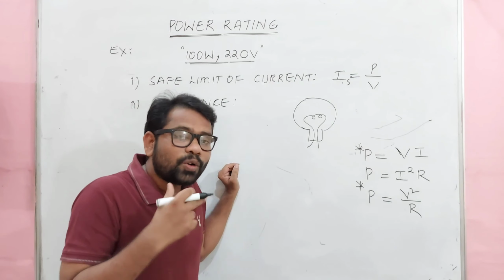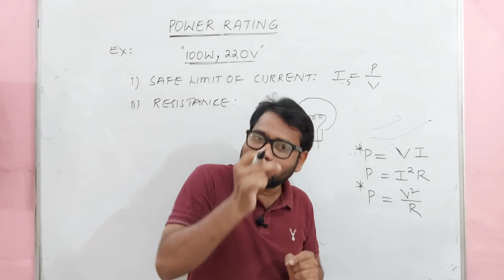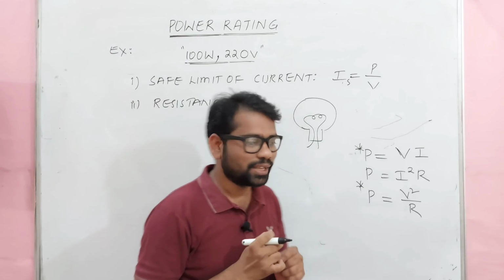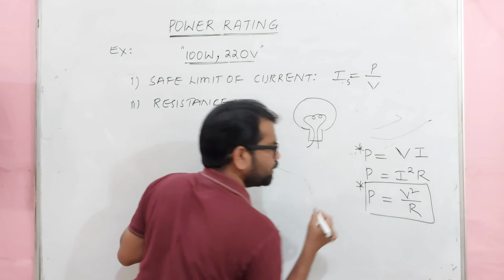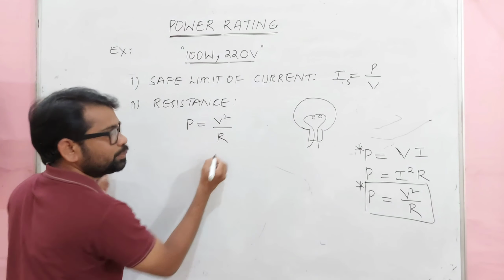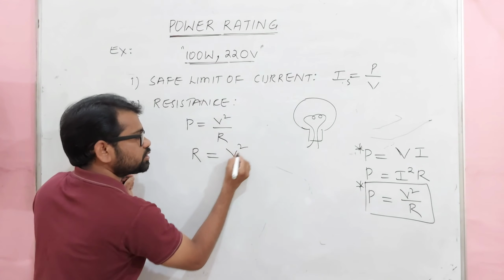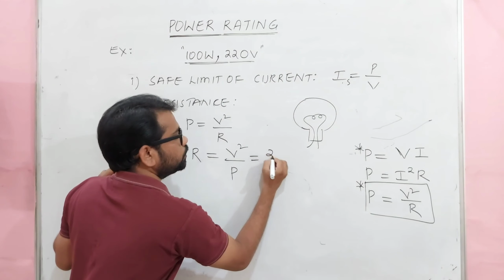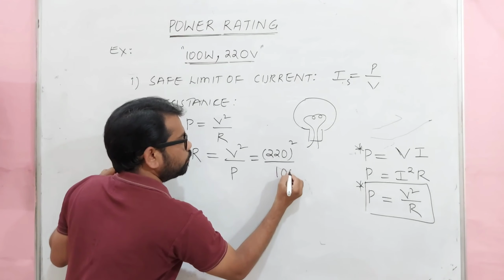Now let us see how we can calculate the electric resistance of an electric appliance when it is being operated. So children, now let us consider P is equal to V square by R. From this, can we write the expression for R like this? R is equal to V square by P. So 220 whole square by 100 watt.